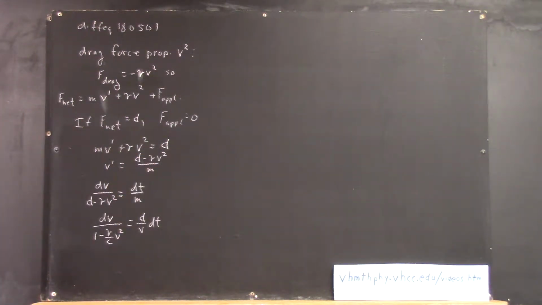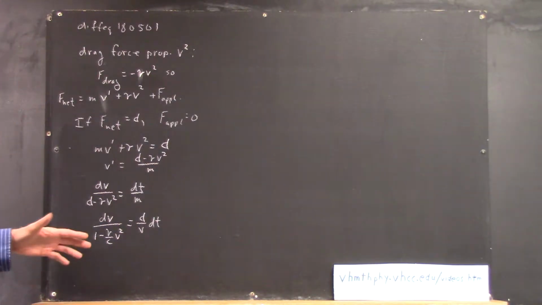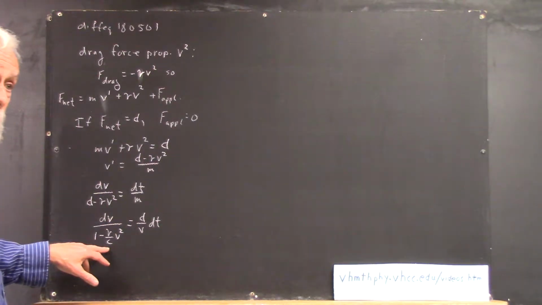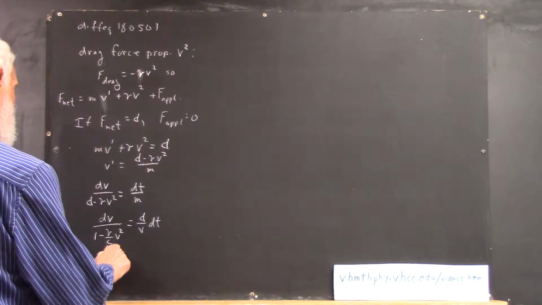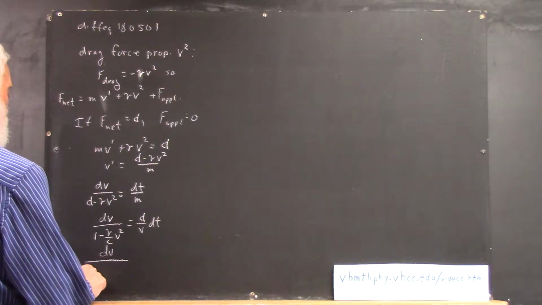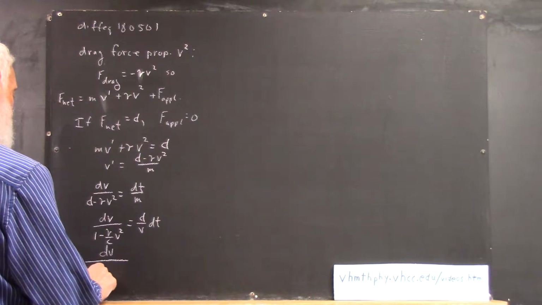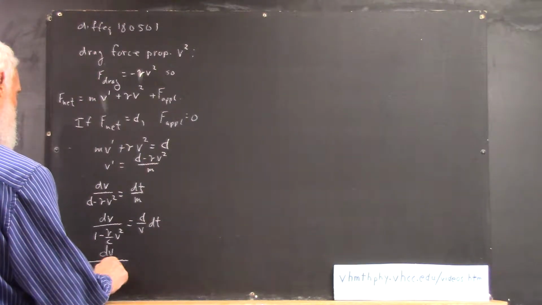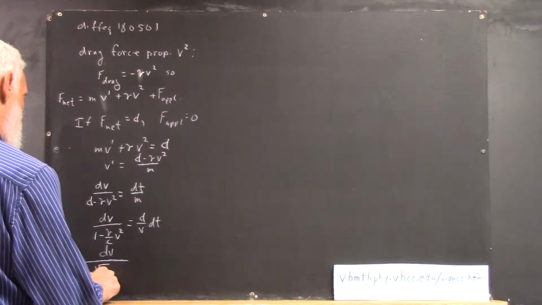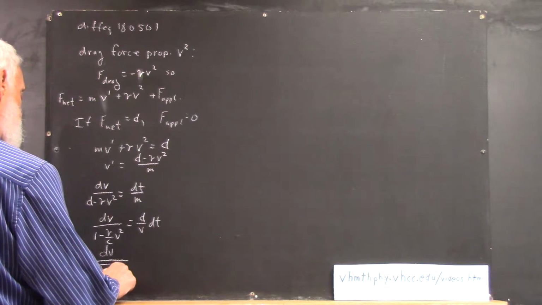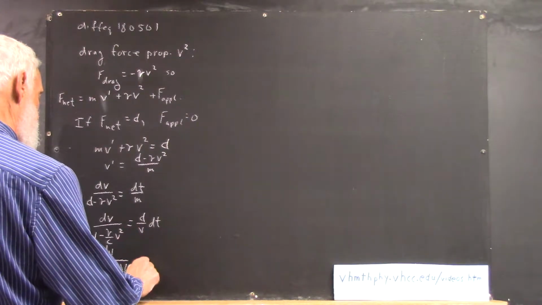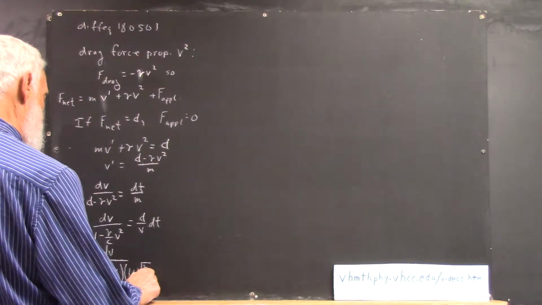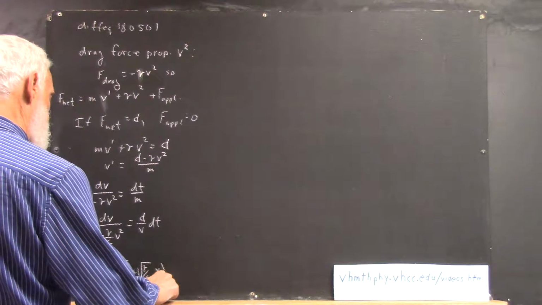Now, how do we integrate this? Well, we're going to use partial fractions because this denominator factors. So we have dv over 1 minus the square root of gamma over c times v, times 1 plus the square root of gamma over c times v.